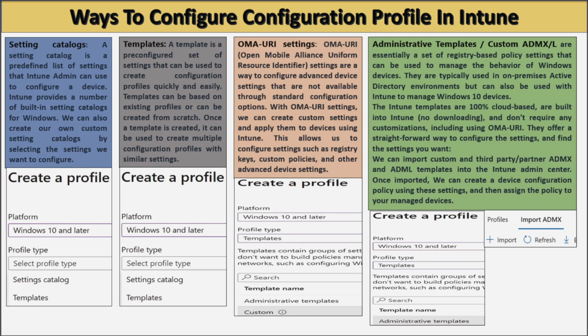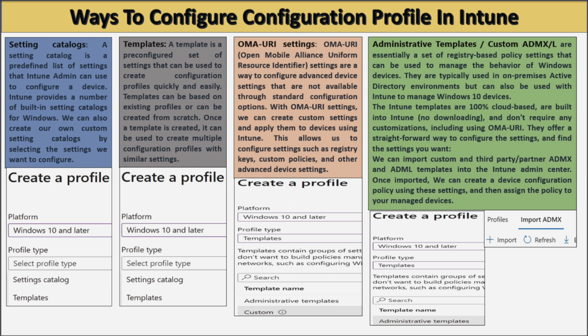And the last one is administrative templates, or we can create our own custom ADMX and ADML templates, which are essentially a set of registry-based policy settings that can be used to manage the behavior of Windows devices. They are typically used in on-premises Active Directory environments, but can also be used with Intune to manage Windows 10 devices.